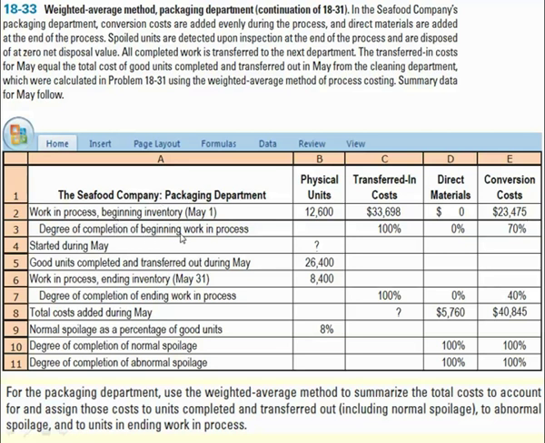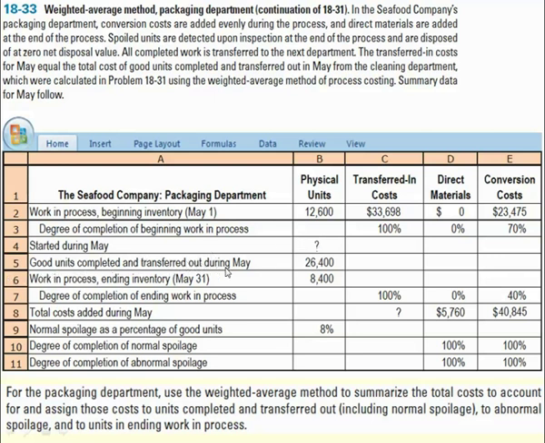Degree of completion of beginning work in process: 100% for transfer in cost, 0% for direct material, and 70% for conversion cost. Units started during May, we will calculate it, or we can say it is given from the previous problem as units transferred out from cleaning department.